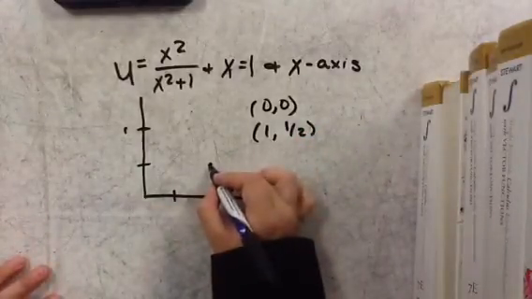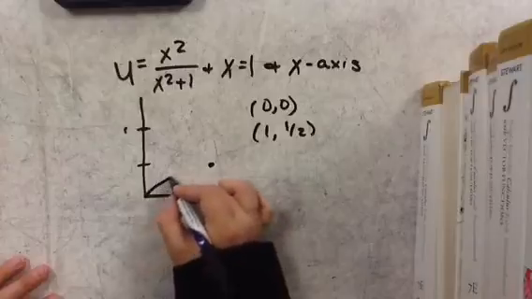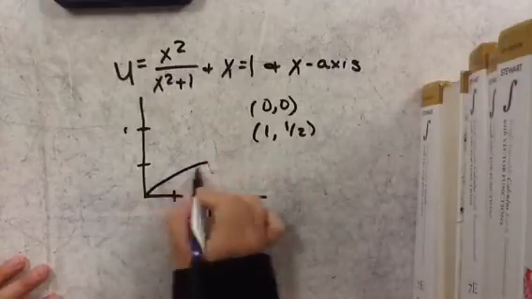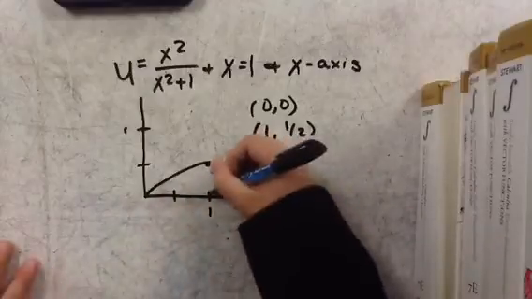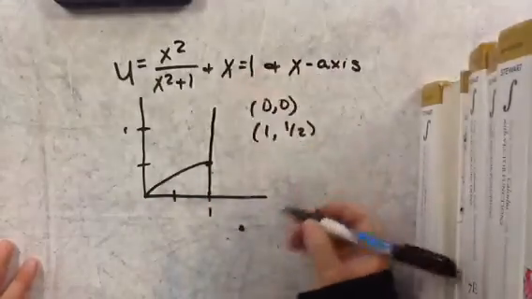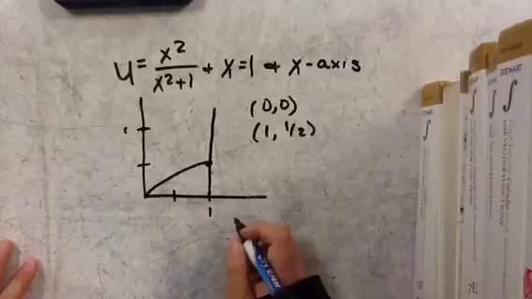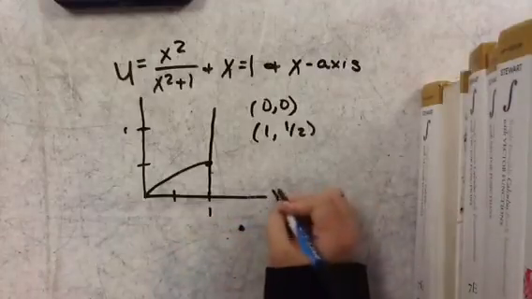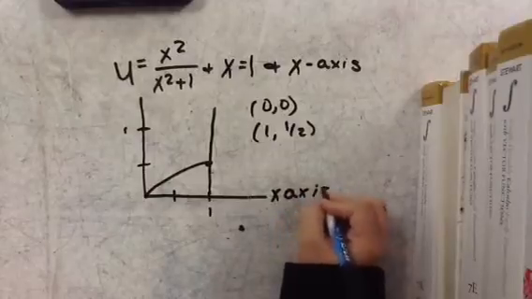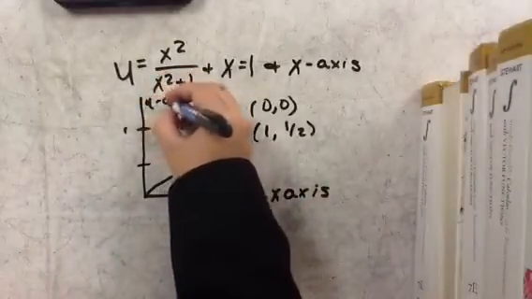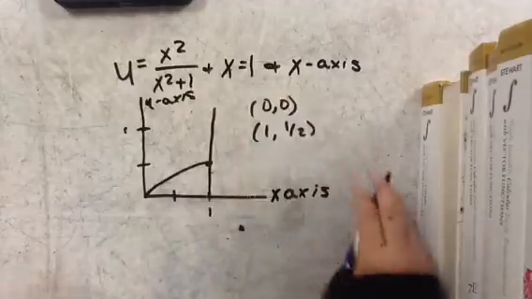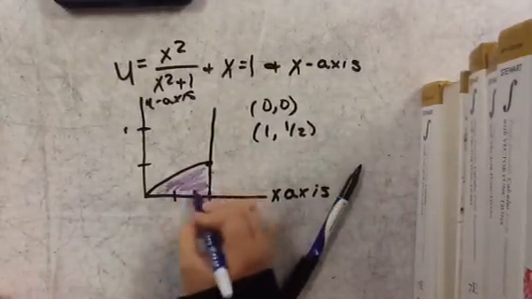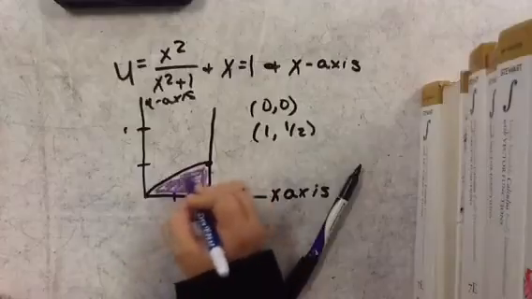So we're just going to plug in those points. Alright, and we drew the x equals 1 line, and we know that this is the x-axis and this is the y-axis. We want to find the area right here in this region.